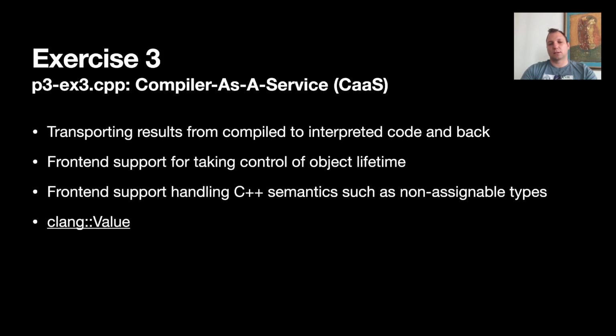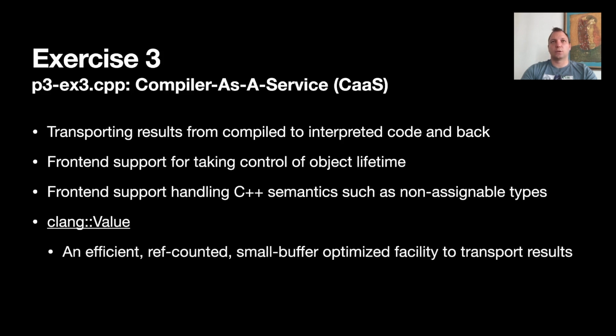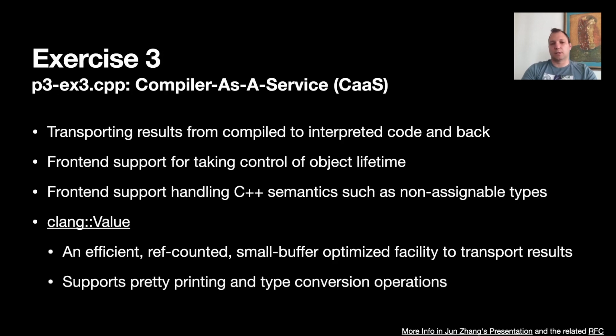The clang value holds, in an efficient way, some memory that's ref counted and has small buffer optimization to be able to transport the results. That means we have a very small object, because it's going to be used in hotspots, which counts the uses and only destroys the memory when there is nobody using it, and it's very optimized towards built-ins and small items that we normally exchange.